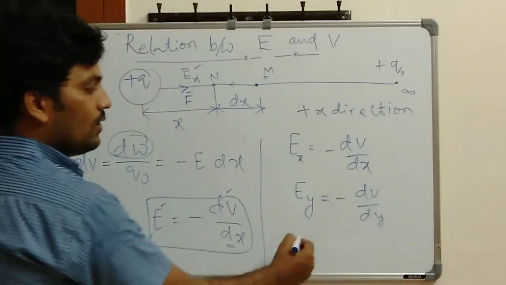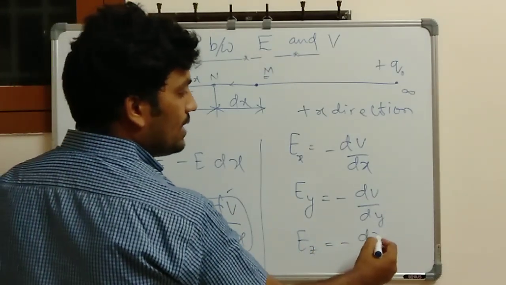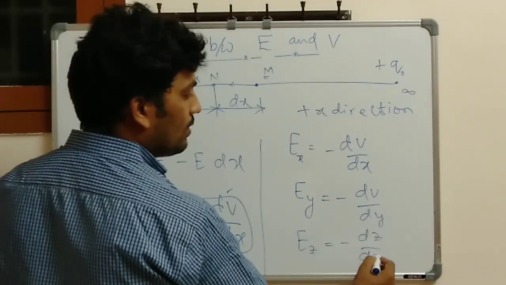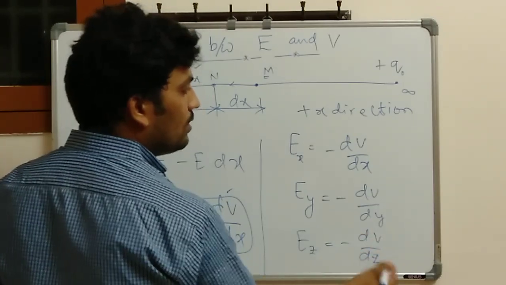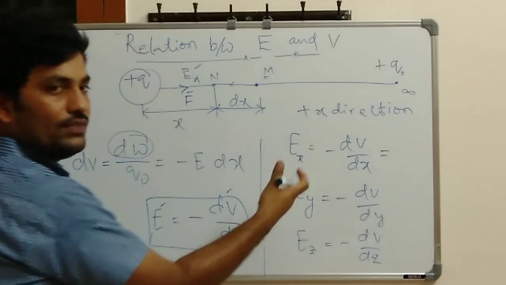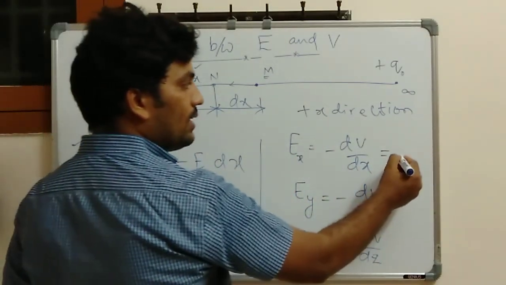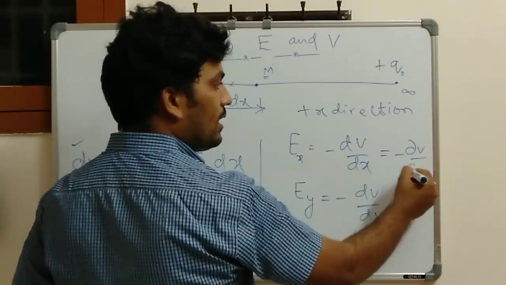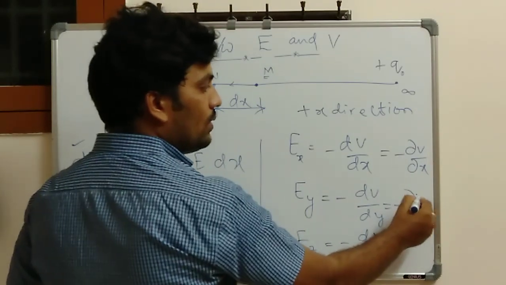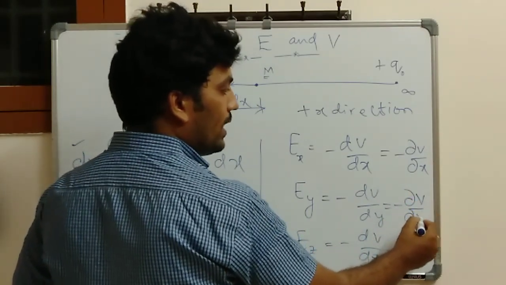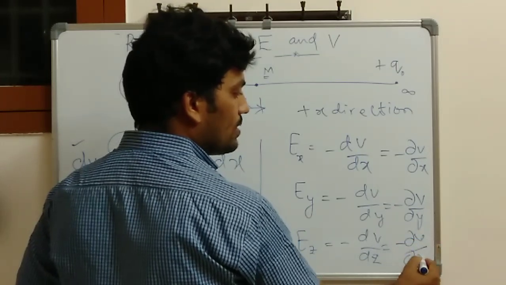In the z direction also, Ez is equal to minus dV divided by dz. We can use partial derivatives also here: minus dou V by dou x, minus dou V by dou y in the y direction, and similarly minus dou V by dou z.